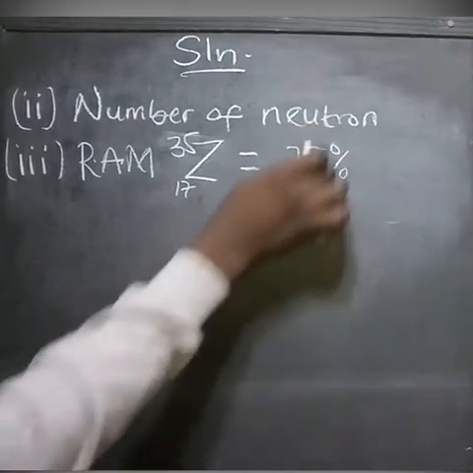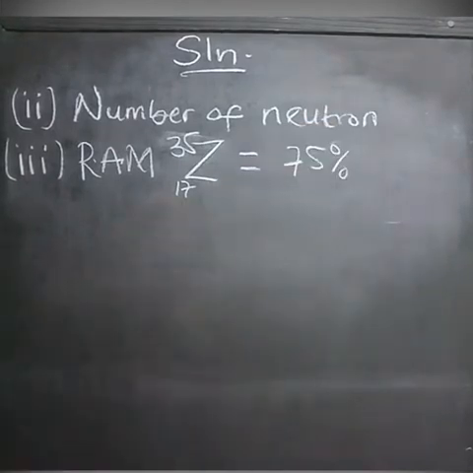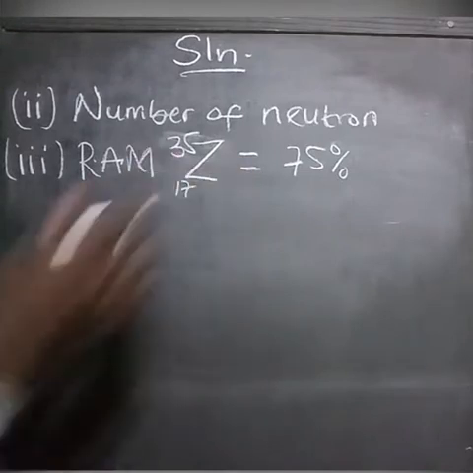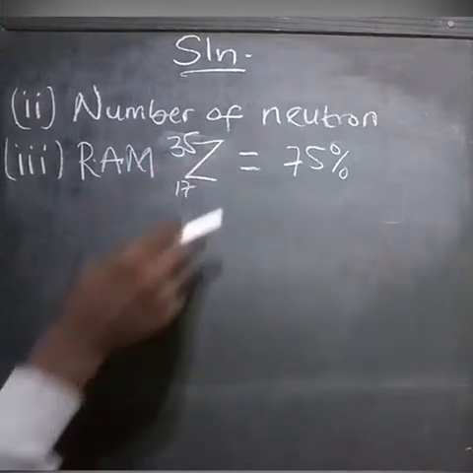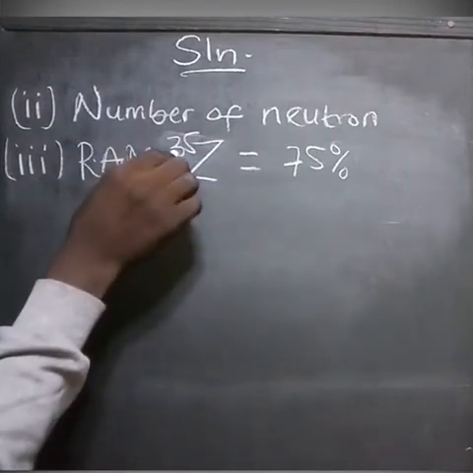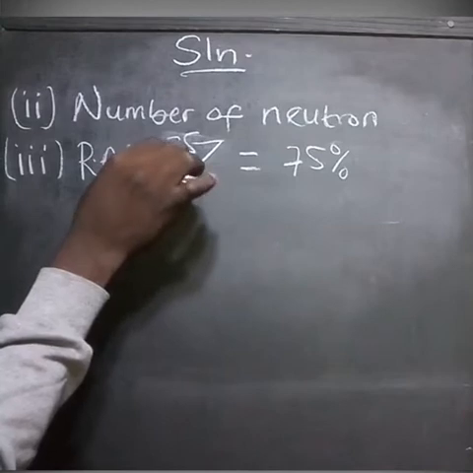So to calculate the relative atomic mass of an element by percentage, the percentage abundance will be multiplied by the mass number of the element.